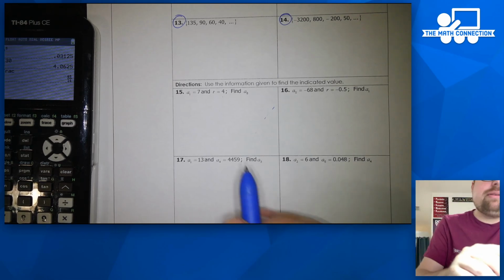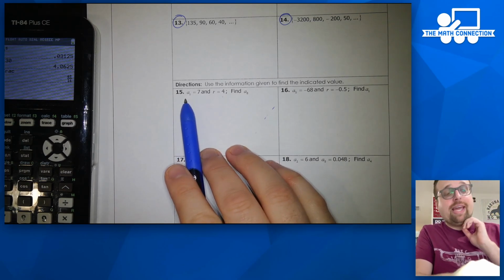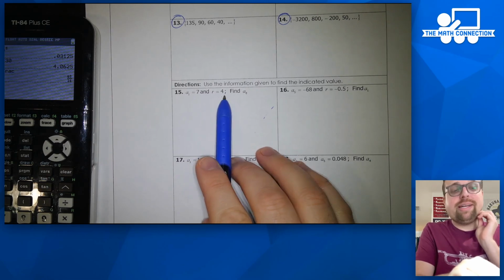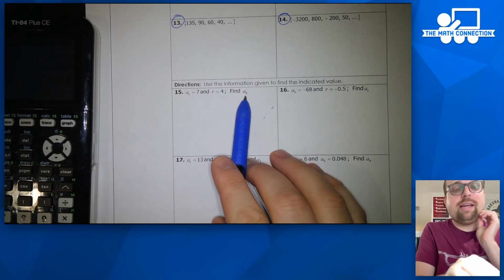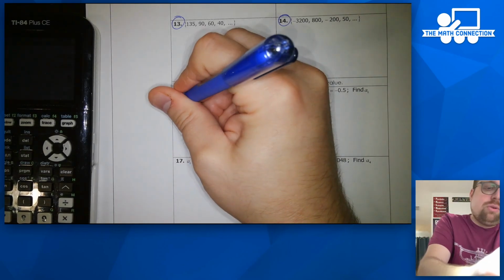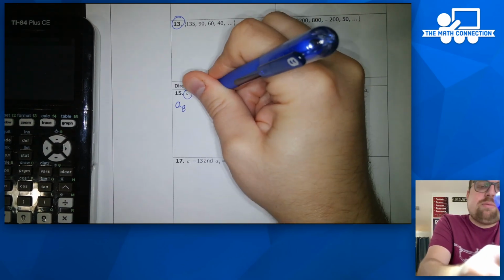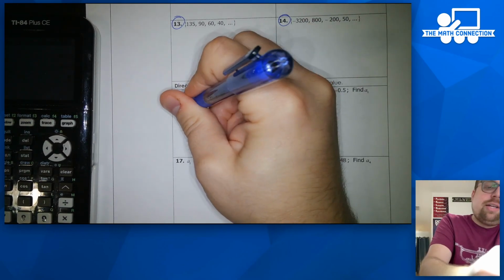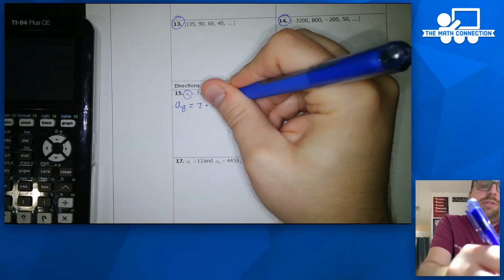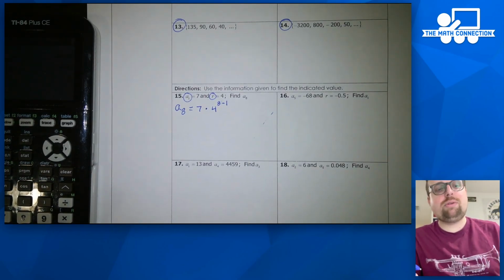We're going to go to 15. The first term in the sequence, or a sub 1, they gave this to us, it's 7, and then we know the common ratio is 4, and it says to find the 8th term. So that's easy enough. Just go back to your rule. The rule says that to find any term in a sequence, if you have a sub 1 and r already, all you need to do is a sub 1 times the r value to the power of n minus 1, which is going to be 8 minus 1, which is 7.